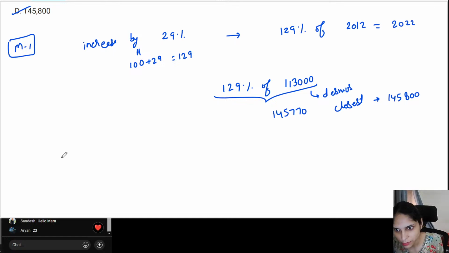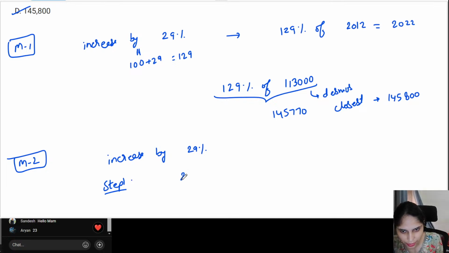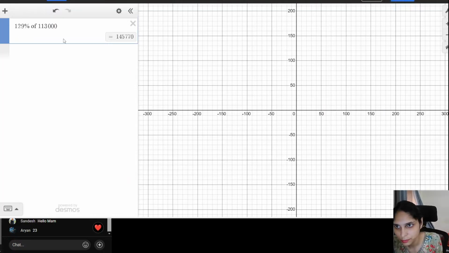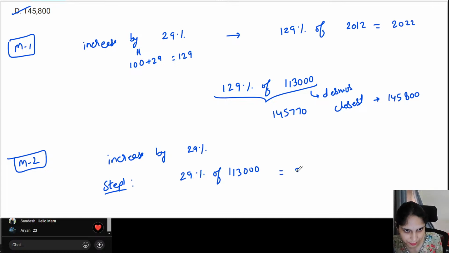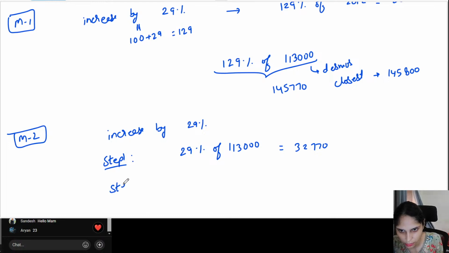In the second method, because it is increasing by 29%, they will find 29% of 113,000, which is 32,770. And then they will add 113,000 to this number.